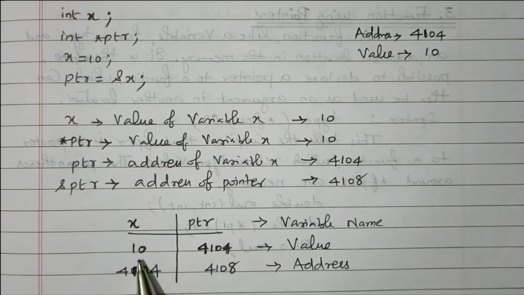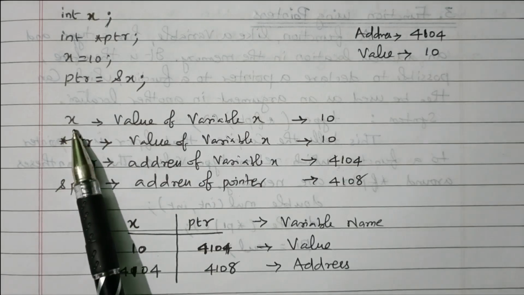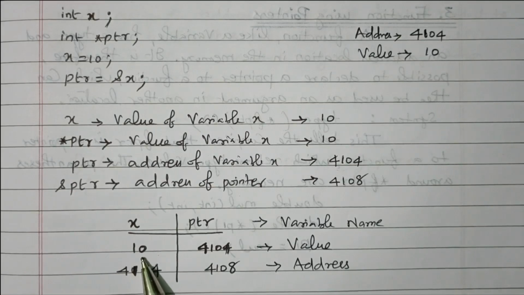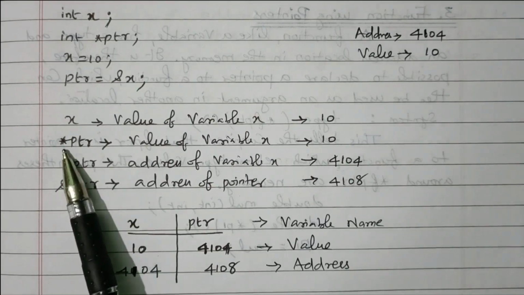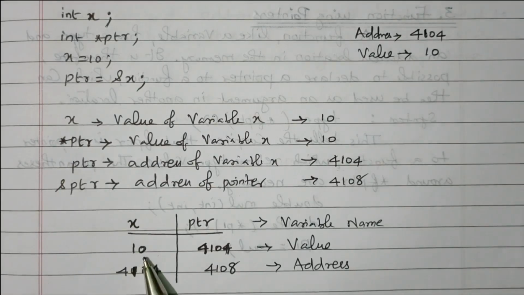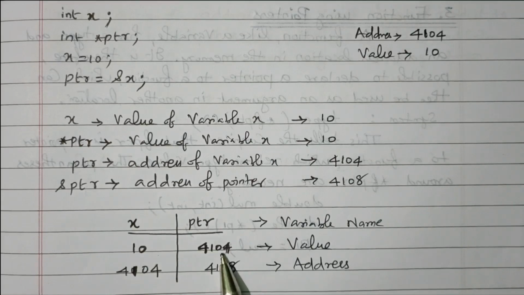x is the value 10, that is stored in the address 4104. This 4104 is stored in another address 4108. So if you refer x, it will return the content of the address, 10. If you refer *ptr, that also gives the content of the address, 10. Only pointer, if you refer, it will give 4104.